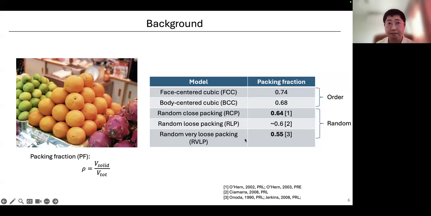Depending on the packing method and also the type of materials, mainly the friction of those particles, they can range from a lower bound to an upper bound, but the majority is pretty close to 0.6. That's for cohesionless packing of monodispersed spheres, or spheres of the same size.